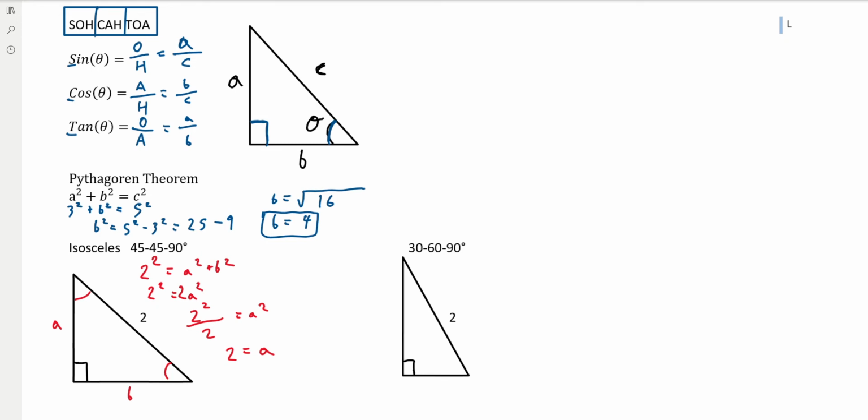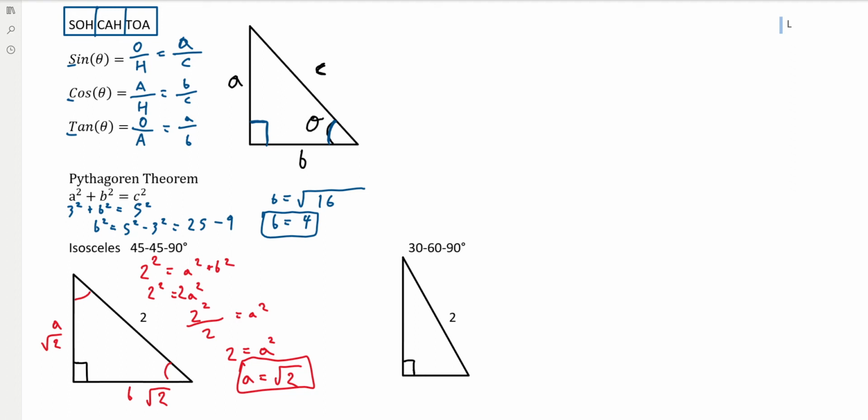And maybe let's do that in two separate steps. So A squared is 2 like that, and if we move the square root over, it's root 2. So A and B here are both root 2. Okay, this is pretty helpful. So this is what you can memorize, 2, root 2, root 2.